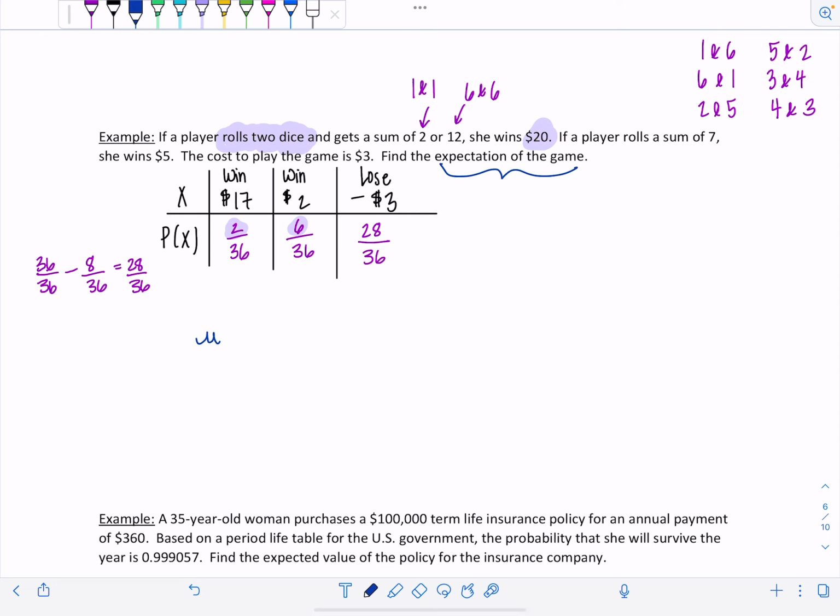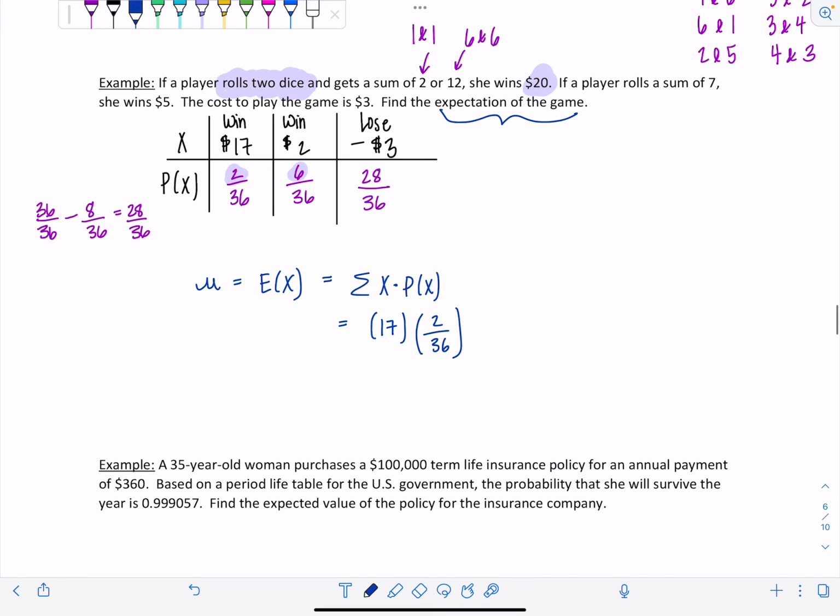You could write mu, or sometimes you might see it written E of X, expectation of X. And that's the sum of X times P of X. So take each of the X values, 17 times their probabilities, 2 over 36, plus 2 times 6 over 36, plus, or you can just subtract 3 times 28 over 36.